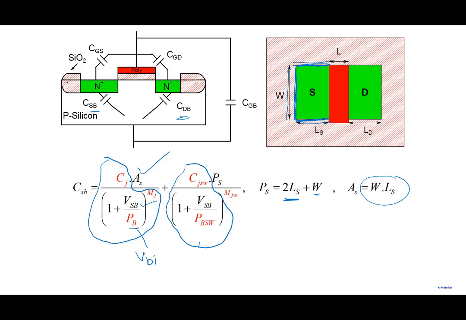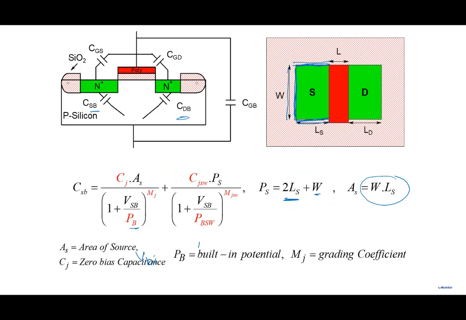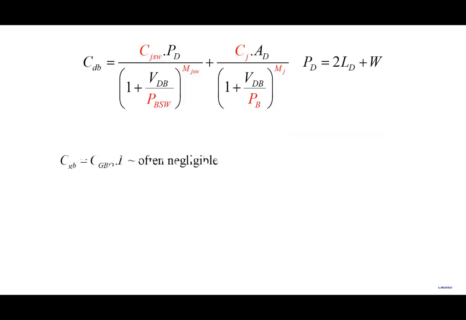If you're wondering why I'm not taking this side, it's because this overlap capacitance has already been put in CGS. We don't need to take that into account. Okay, so there is a perimeter part. The same thing is with the drain to body. There is a grading coefficient and all those things. Similarly, drain to body capacitance here.